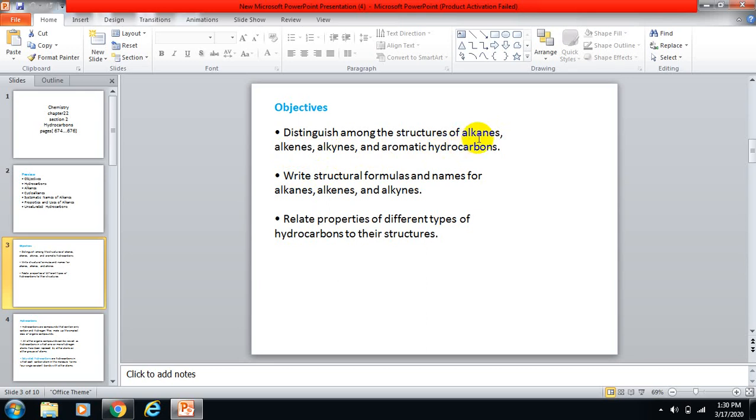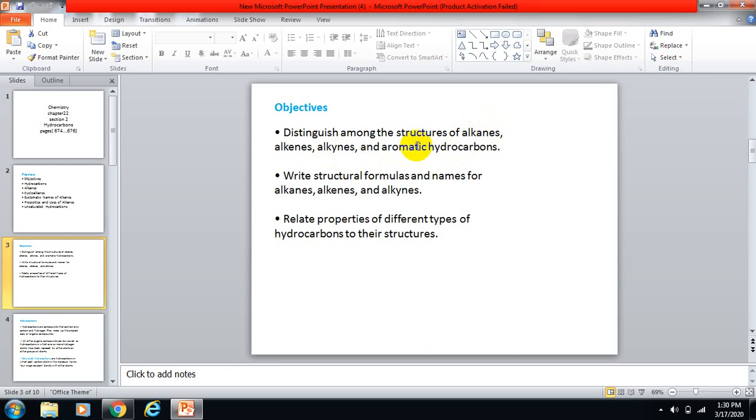We have a difference: alkanes have single bonds. Hydrocarbons consist of single bonds for alkanes, double bonds for alkenes, and triple bonds for alkynes. As it is a hydrocarbon, hydrogen must be there and carbon must be there.